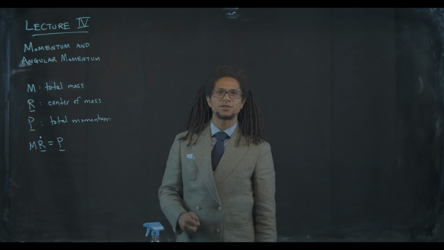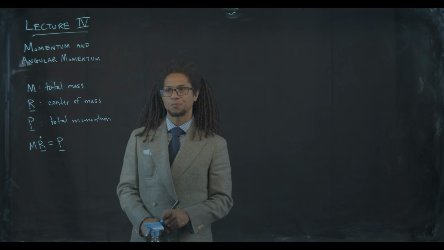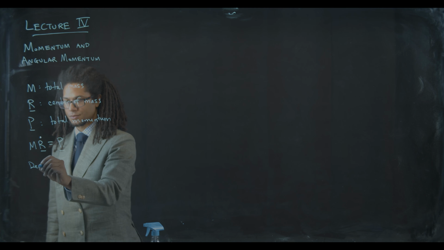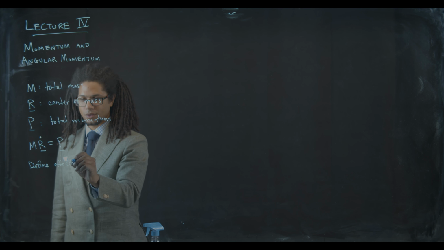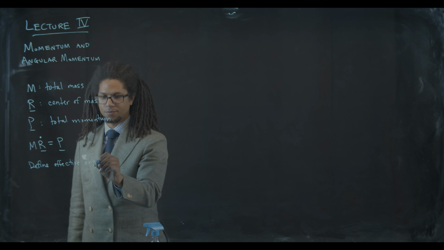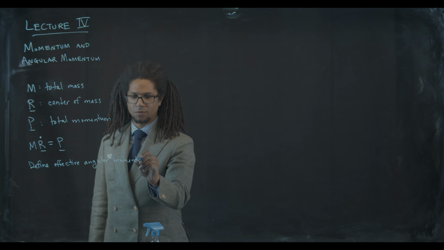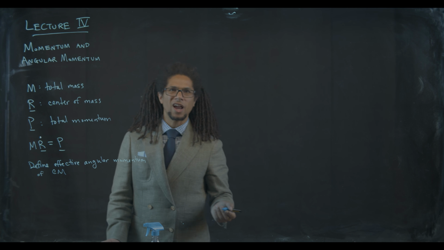We would love if something similar were true for angular momentum. So let's check and see if that's true. What if we define an effective angular momentum of the center of mass? We can see how we should do it.